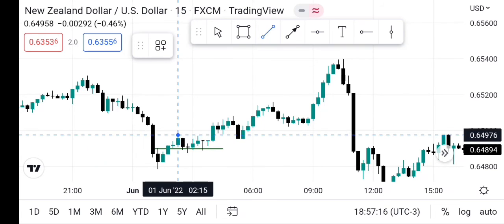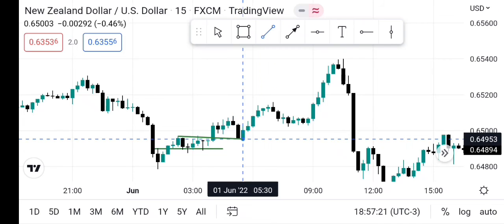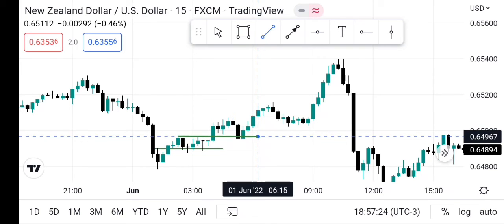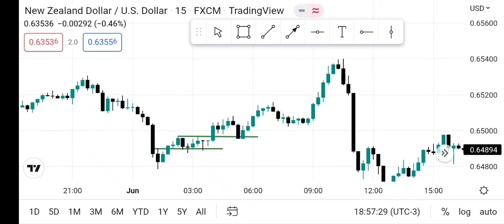That's the high of the candle, and then you draw it out. You can also be a buyer there. You can see the opportunities price gives you, beautiful opportunities.